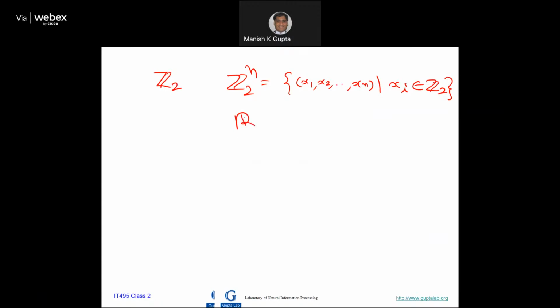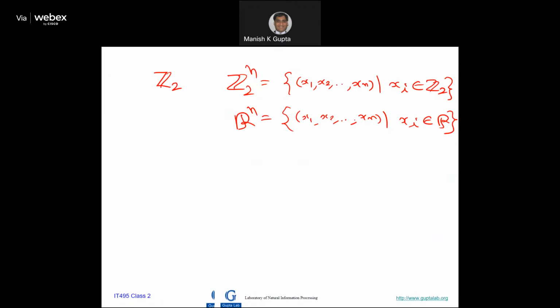You can draw an analogy with real n-dimensional vector space, which you might have seen in your linear algebra course. So I am worrying about that kind of space. It's the same thing. Or C raised to power n, C cross C n times, right?